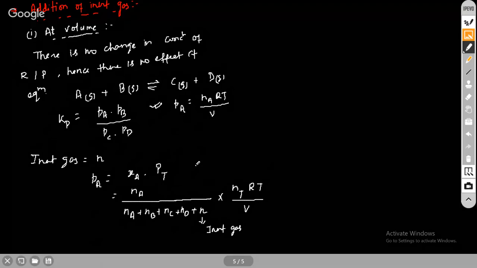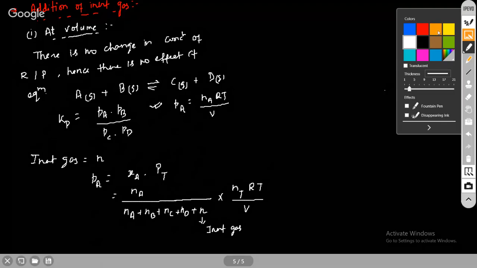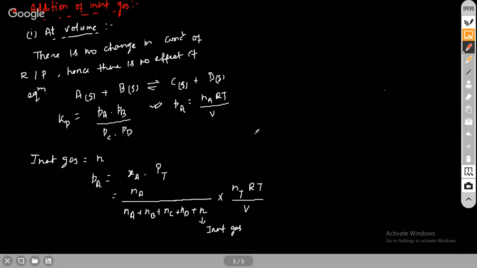So what happens here? This is very clear from this equation that the nT you have here is the total number of moles, which includes the inert gas also. And this value in the denominator is also the total number of moles, which is nothing but nT, right?